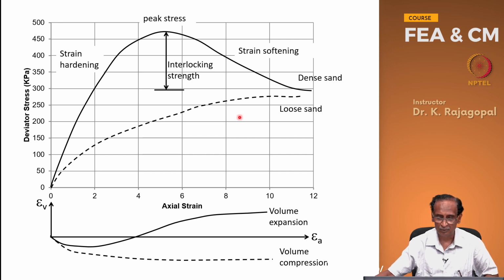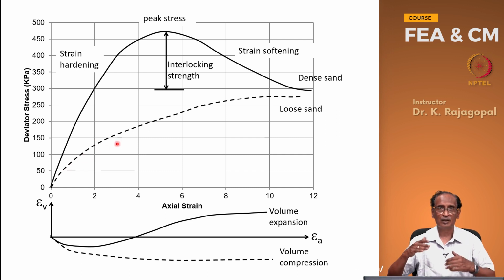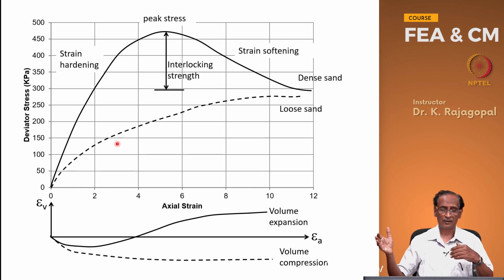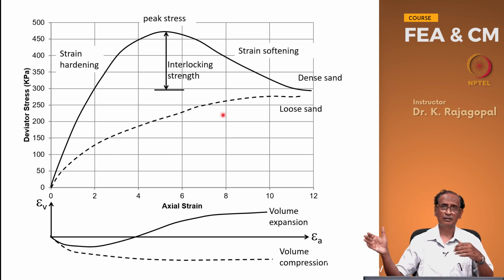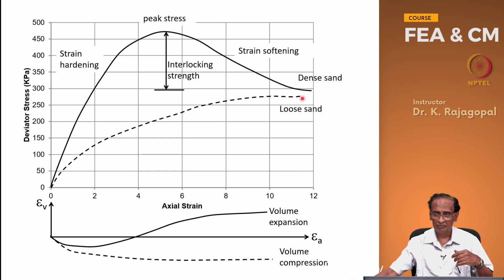And in the case of loose sand or normally consolidated clays, the stress will go on increasing with strain, and then after a very large strain we might reach some asymptotic limit, and we see that the ultimate limit of both the dense and the loose sands is the same.